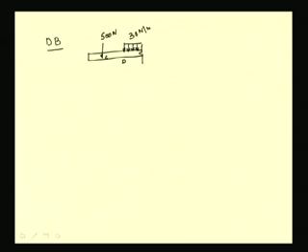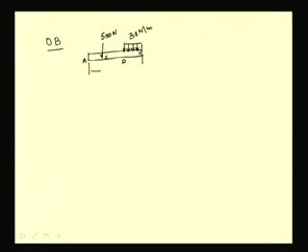Let us now consider the portion DB and draw the free body diagram of the same. We have a concentrated load of 500 newtons at C, and from the point D we have this uniformly distributed force of 30 newtons per meter.